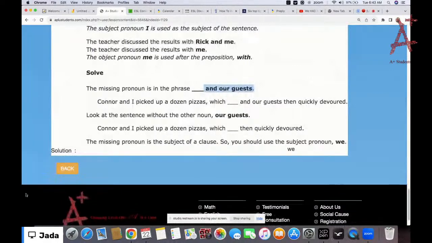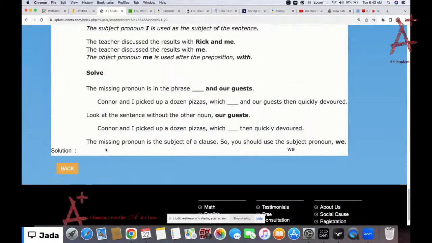Without it, the sentence says Conan and I picked up a dozen pizzas which, then quickly devoured. So it's missing the subject of a clause. Because it's two people here, if it was just one person, it could be "which I quickly devoured," but then it's two, so it could be "we." So "we" is the subject pronoun.